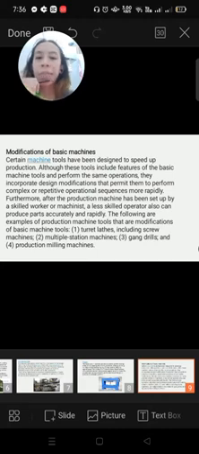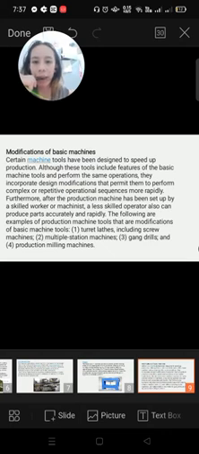Modifications of basic machines. Certain machine tools have been designed to speed up production. Although these tools include features of the basic machine tools and perform the same operation, they incorporate design modifications that permit them to perform complex operational sequences more rapidly.